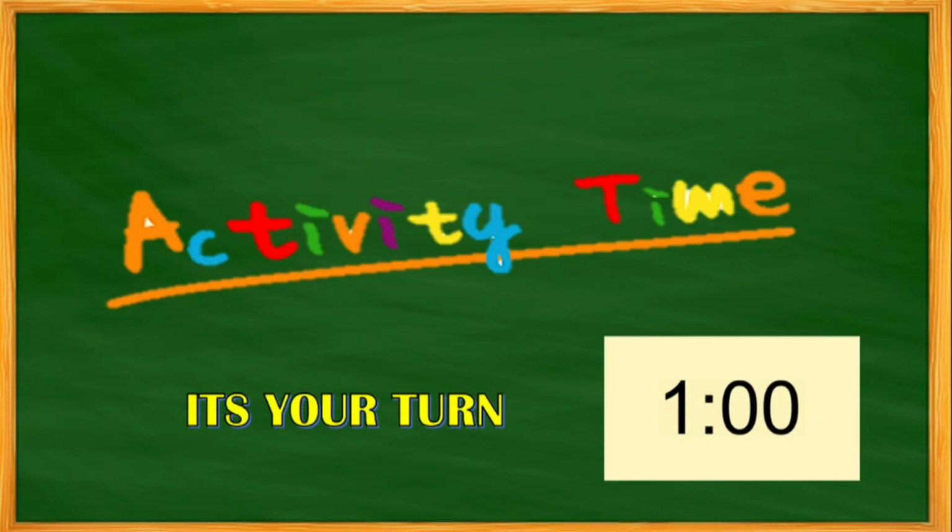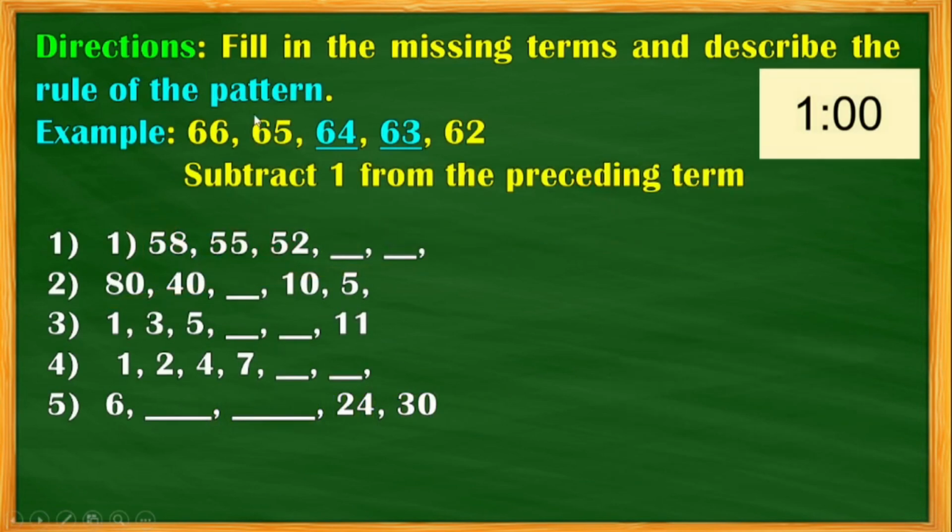Okay, it's your turn. Activity time. You have 1 minute to answer all the questions. The direction is: find the missing terms and describe the rule of the pattern. For example, 66, 65, blank, blank, 62. The missing terms are 64 and 63.